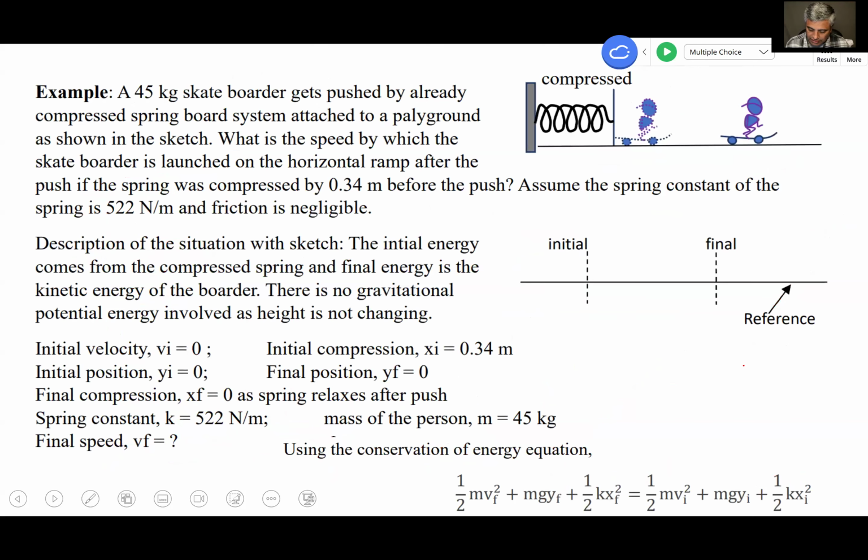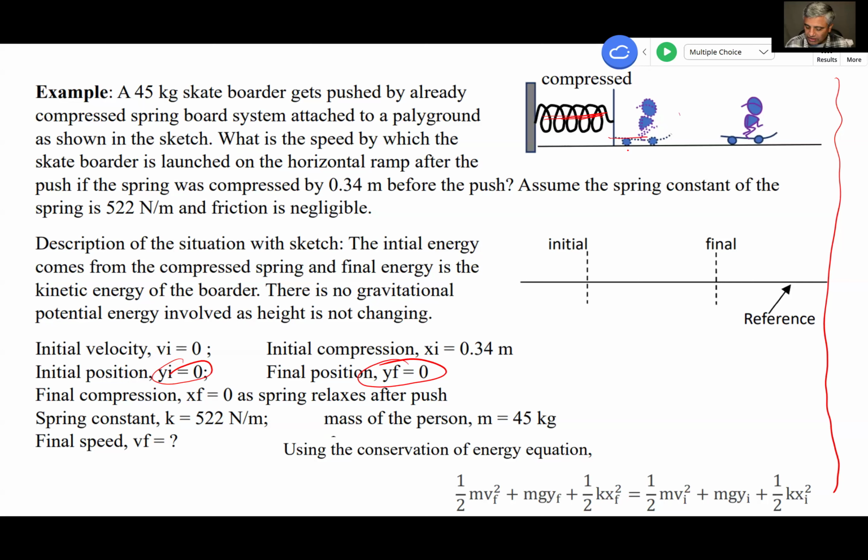Okay, this problem is very similar to the worksheet I'm talking about. This problem is also done in the notes, as you can see, yi0, yf0, just like we did. And here, the spring is initially compressed.